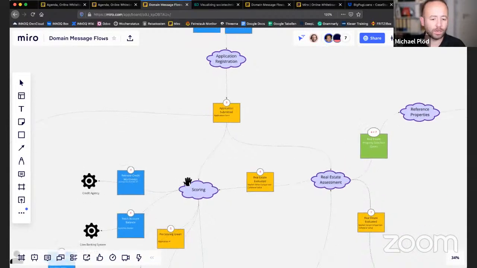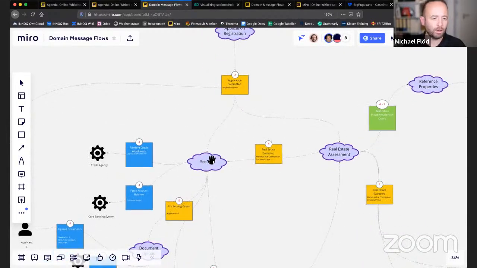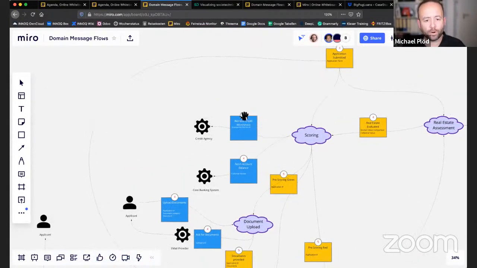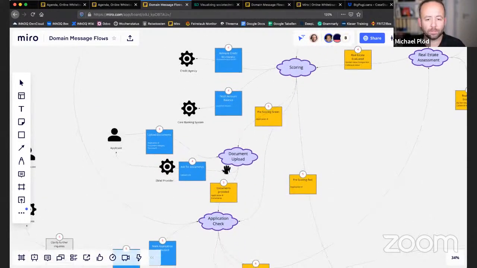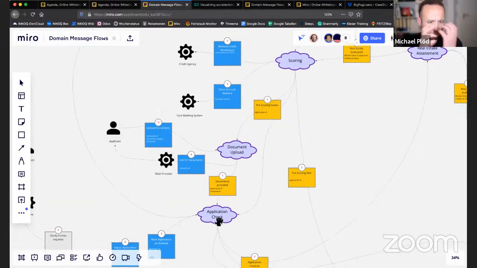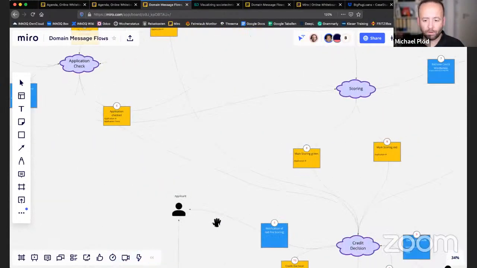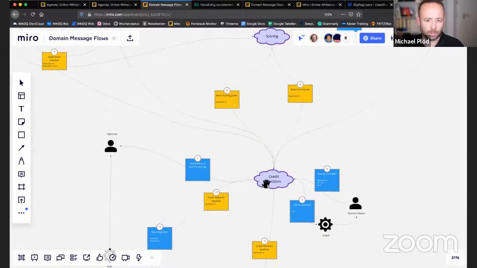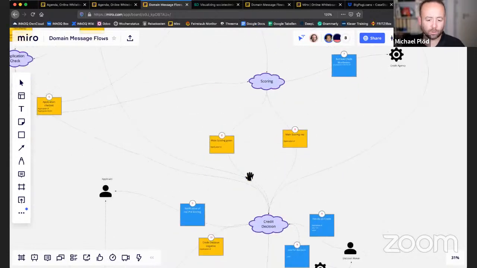This triggers scoring, for the pre-scoring. We assess the real estate. Scoring needs to talk to the credit agency and the core banking system. When we have a pre-scoring green, we ask for documents to be uploaded. After that, we do the application and document check. We finally go into a credit decision after a successful main scoring.